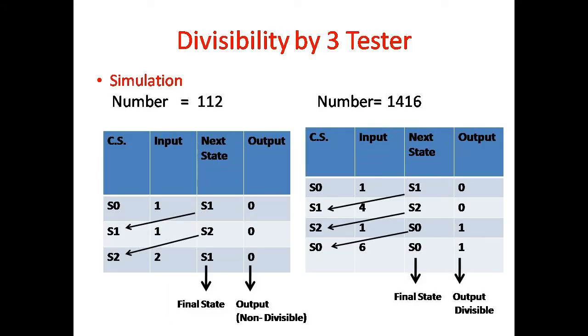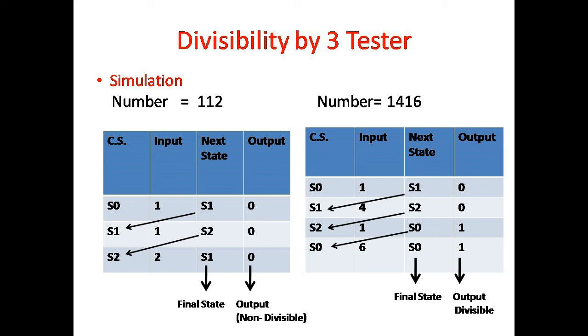Let us simulate the working of the tester that we have designed on some arbitrary numbers. Number 1 is 112 and number 2 is 1416. Now, the current state of the machine is H0.